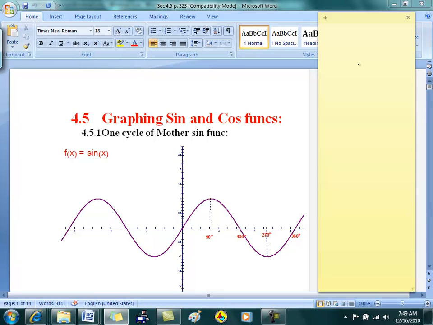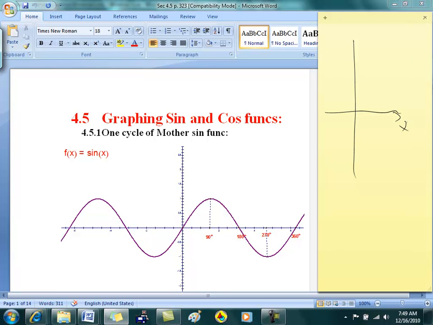Okay, well, we digress. So here's your y-axis. Here's your x-axis. The way sine works is you really want five points, which are what I call the feature points. The first feature point is sine of 0, which is 0.